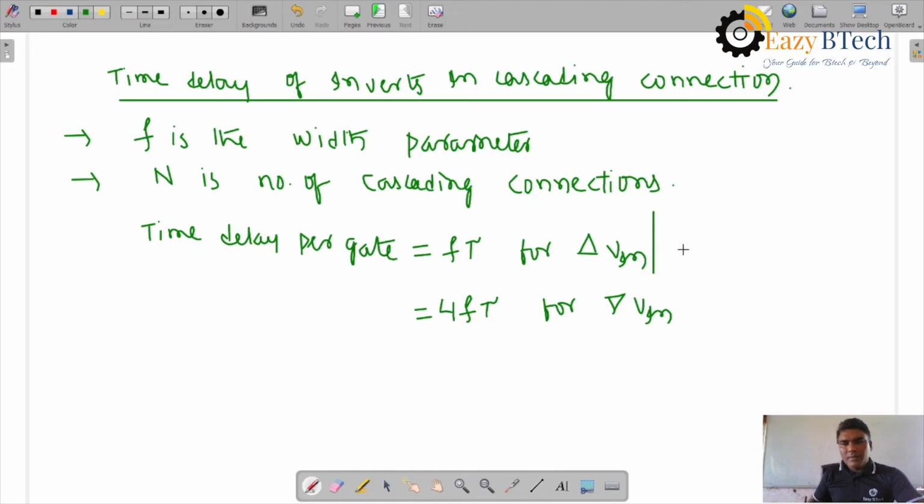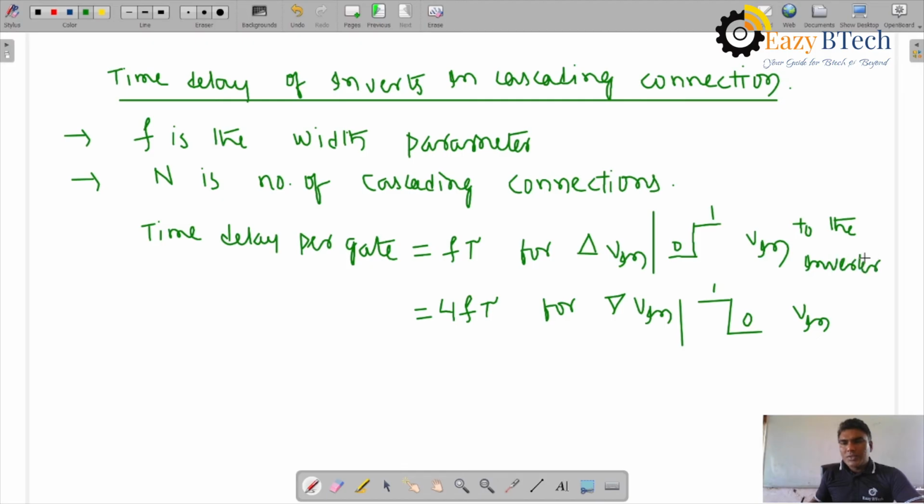Delta V in increasing from logic 0 to 1 is one case, and delta V in going from 1 to 0 is the other, as the input V in to the inverter.